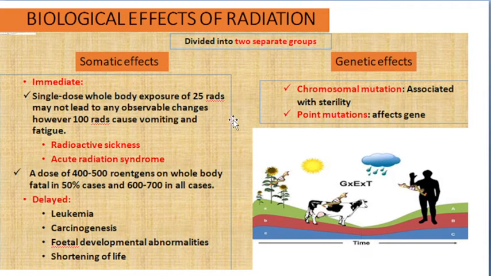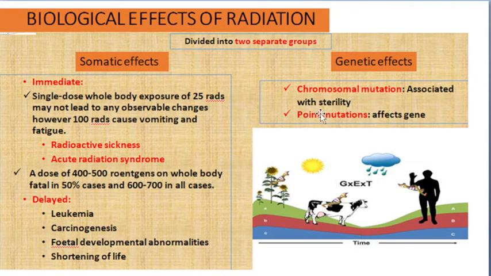It affects chromosomal mutation associated with sterility. If you are continuously exposed to radiation, then you may become sterile. Then point mutations mean it affects genes.